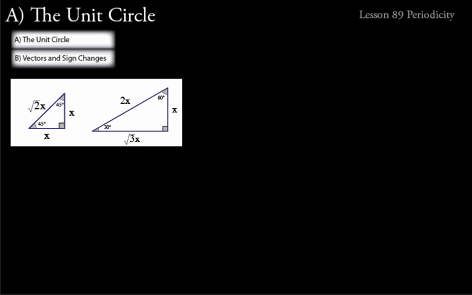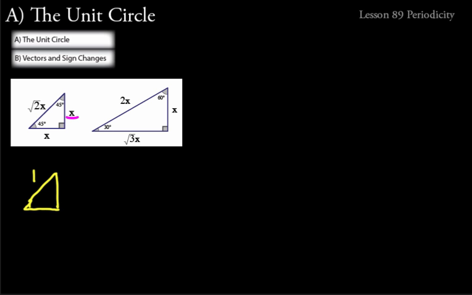Now let's get back to this idea of unit circles. To develop that, think about the 2 reference triangles you learned about in lesson 43. I have them shown there. Then let's create similar triangles, both with a hypotenuse of 1, or unity. For the 45 degree triangle on the left, let's redraw that here. We'd have the square root of 2x. We need to divide that by the square root of 2x, which means we divide everything by the square root of 2x, right?